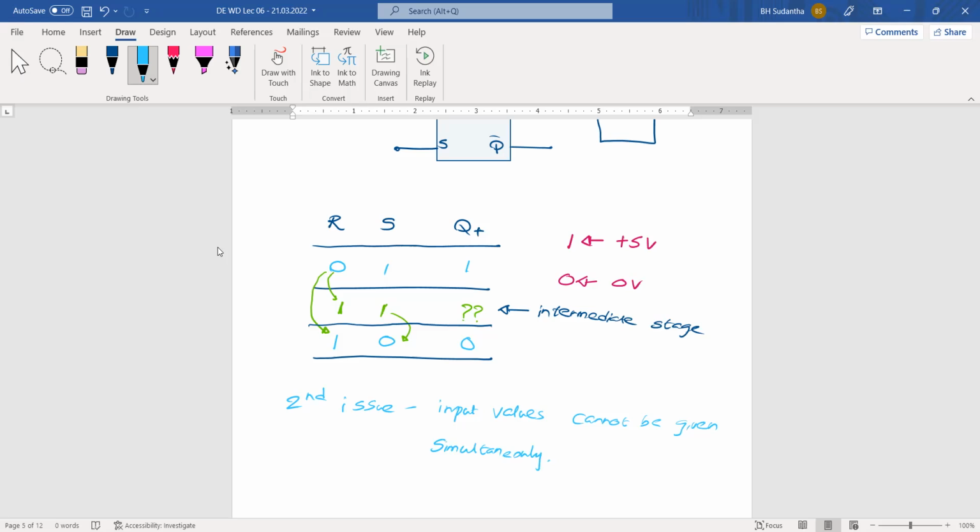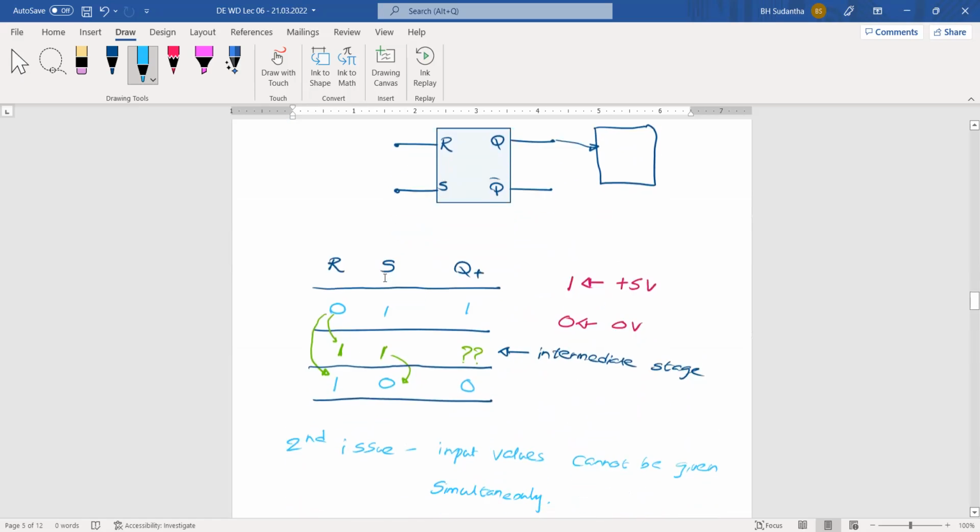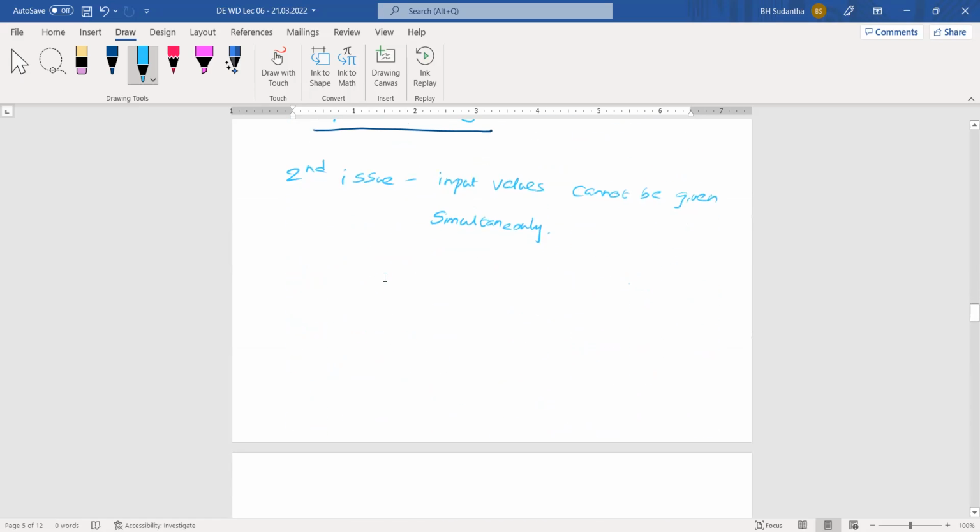At the same time, we cannot give these. Now how can we find a solution for this? How can we rectify this? What is the solution for this? Now you can find a solution for this.